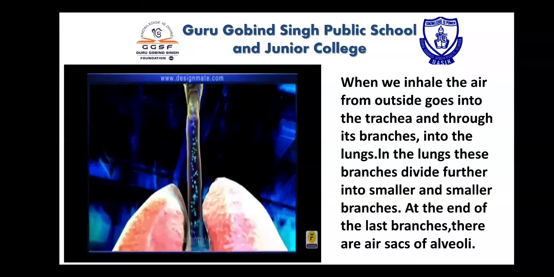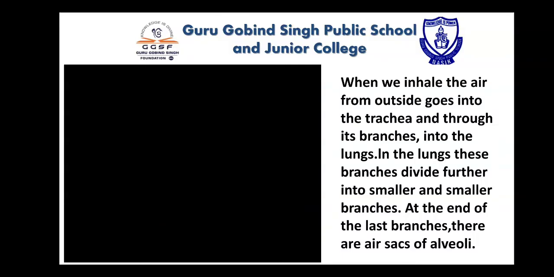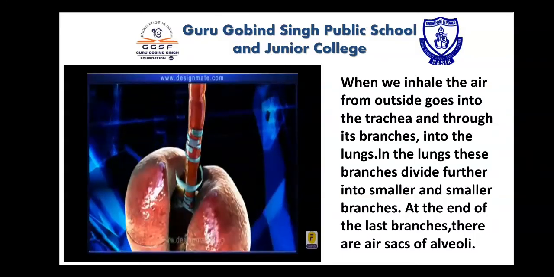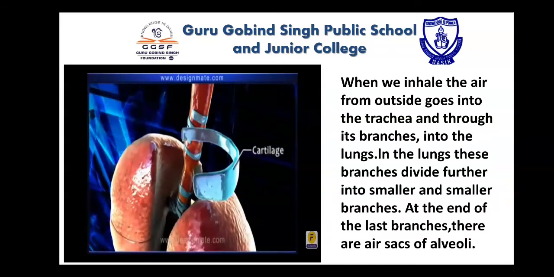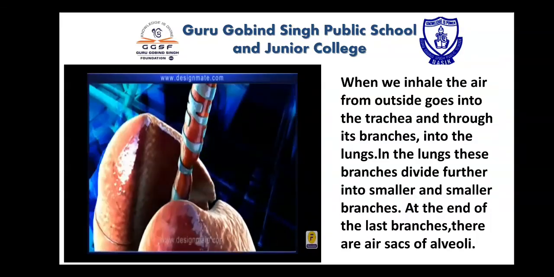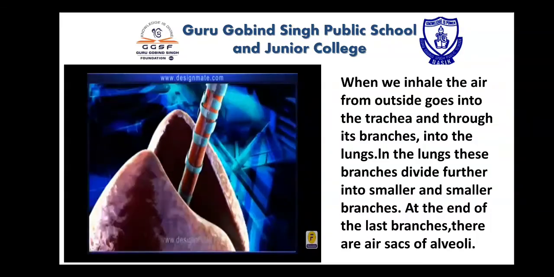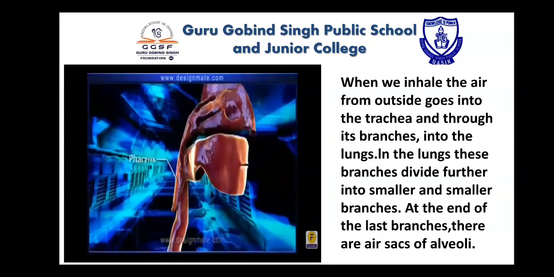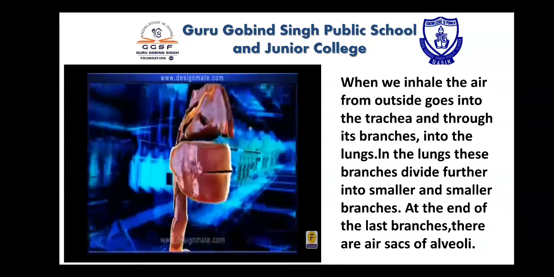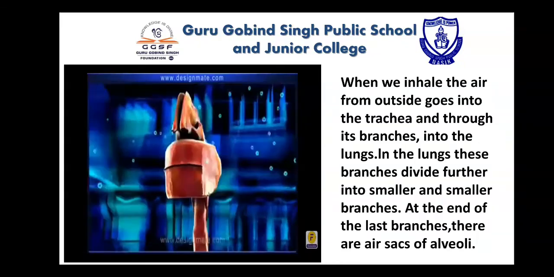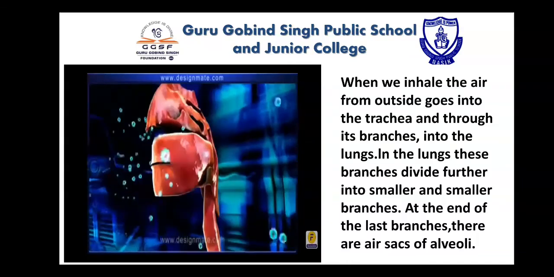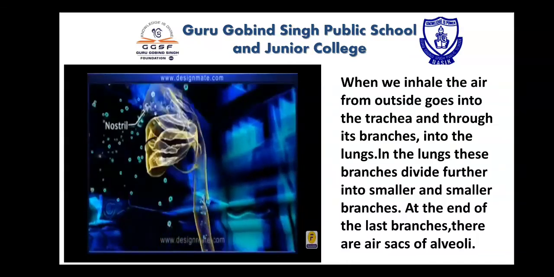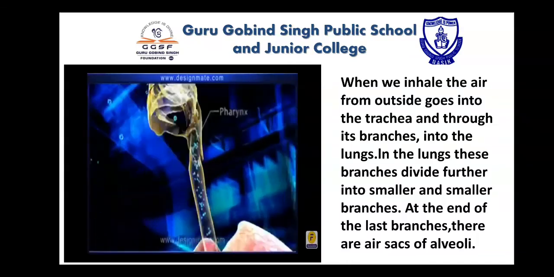See children how this respiration is exactly done in our body. Let's see. When we inhale air from outside through our nose or nostrils, it goes into the trachea or windpipe through its branches.